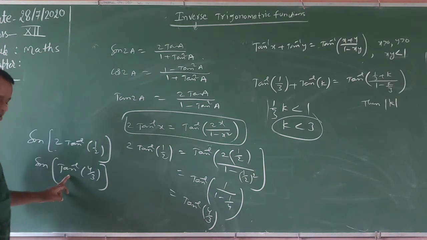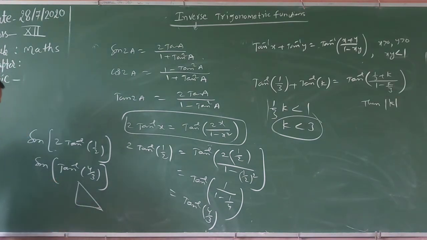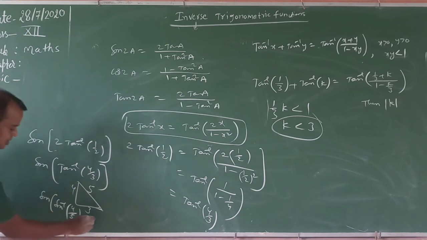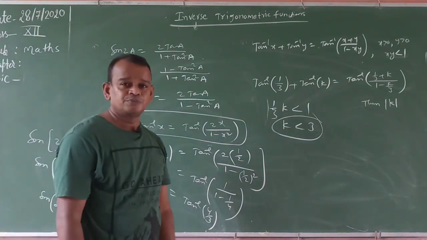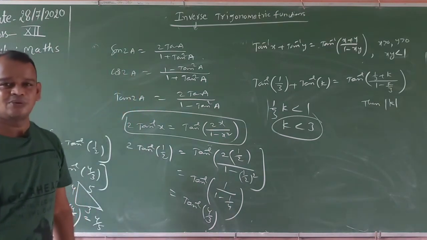Is cancellation possible? No. Now take the right angle triangle. Tan is given as 4 by 3, so the hypotenuse is 5. The tan will be changed into sin inverse of opposite side by hypotenuse, 4 by 5. Sin inverse cancels, and the answer is 4 by 5. Say yes or no?